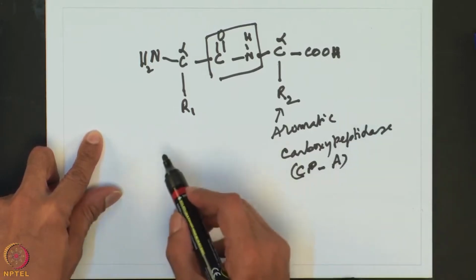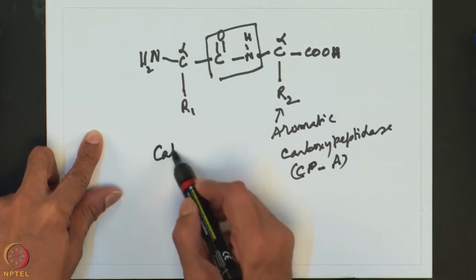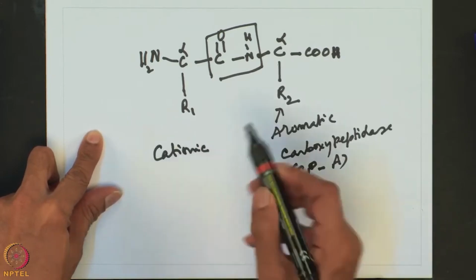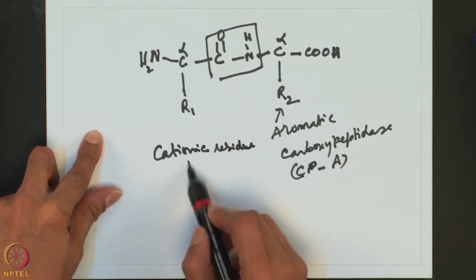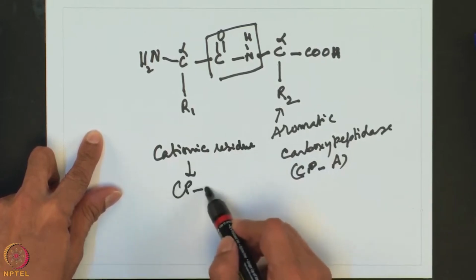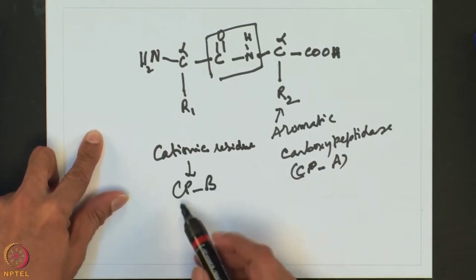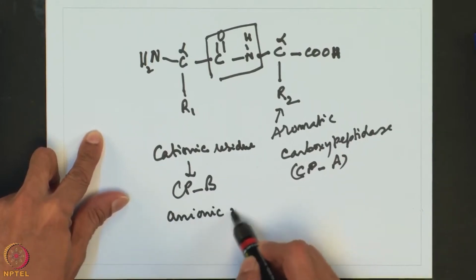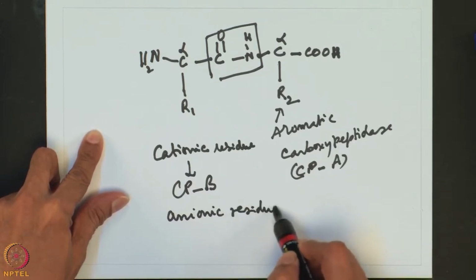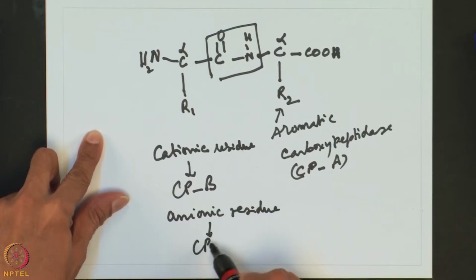If you have a cationic residue as a neighbor, then this is CPB, and if you have an anionic residue, then it is CPC.